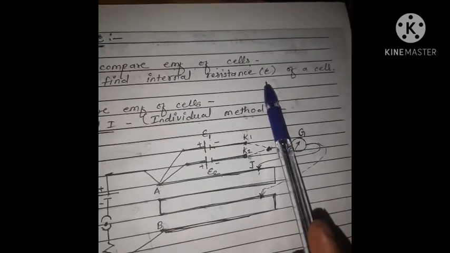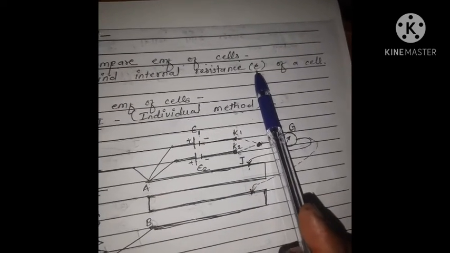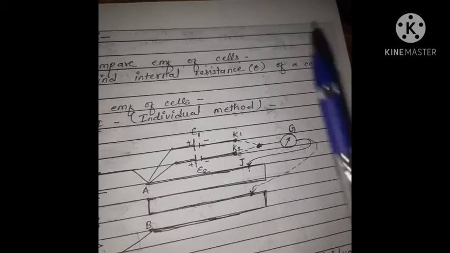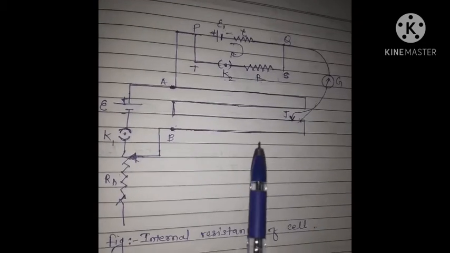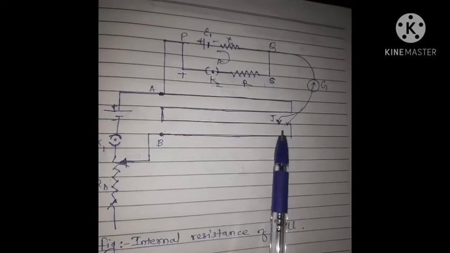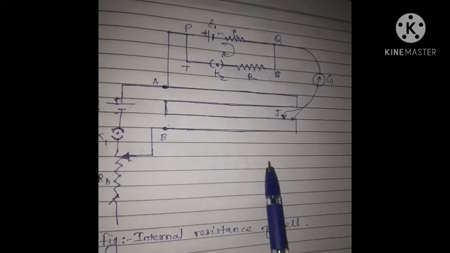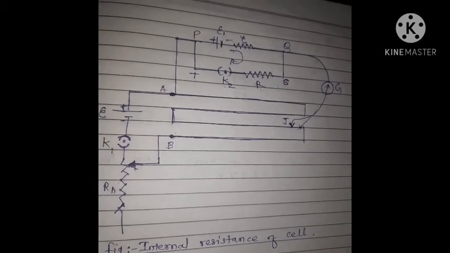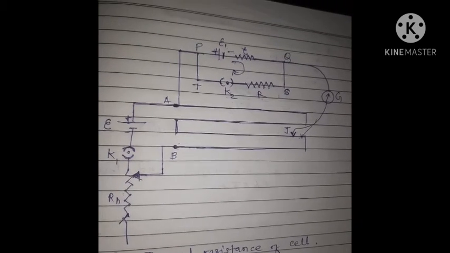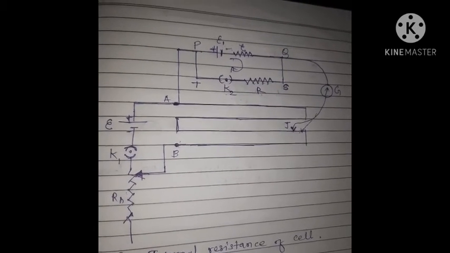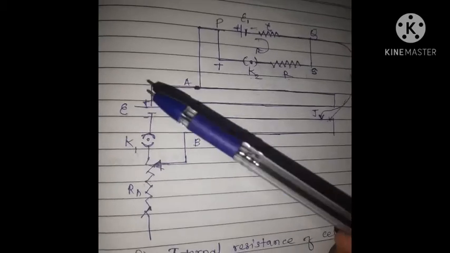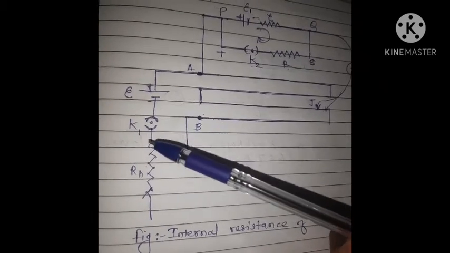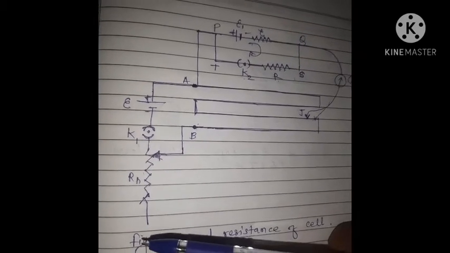Internal resistance is always represented by small r. This is the circuit diagram for measuring internal resistance of a cell by using a potentiometer. The connection is as usual.